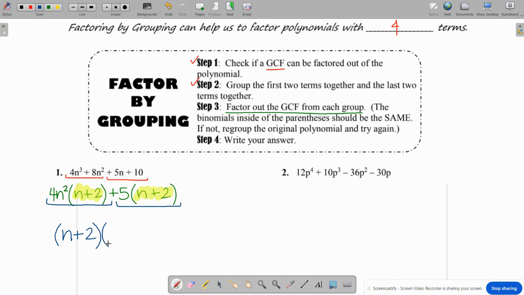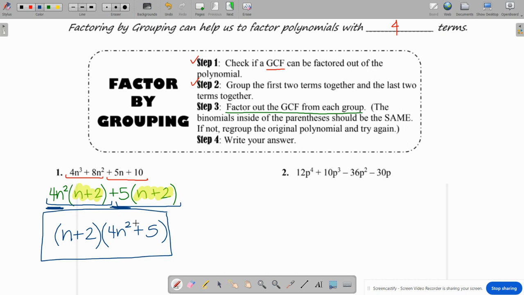And then what's left in these parentheses is this stuff that's still out front. Because if you factor n plus 2 out of this group, you're left with 4n squared. And if you factor n plus 2 out of this group, you still have positive 5. So this is now a product of two binomials. So since it's a product of polynomials, we have factored number one.